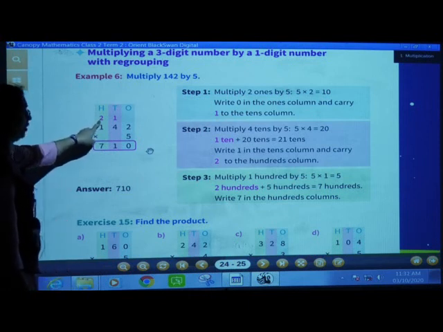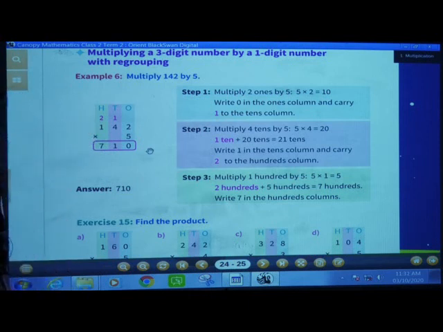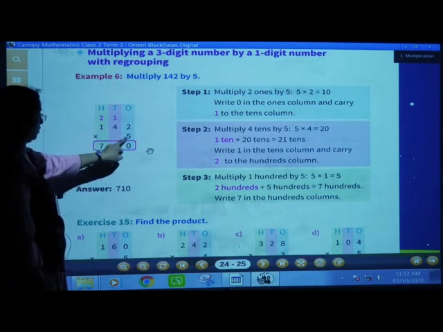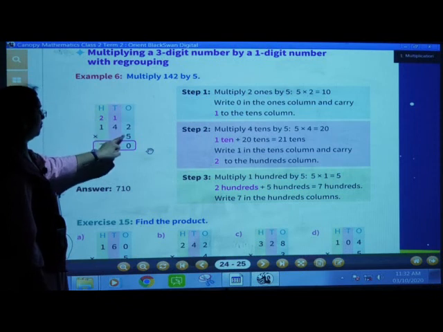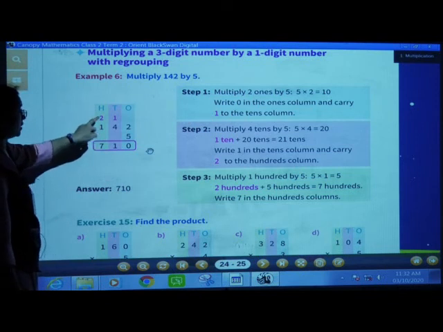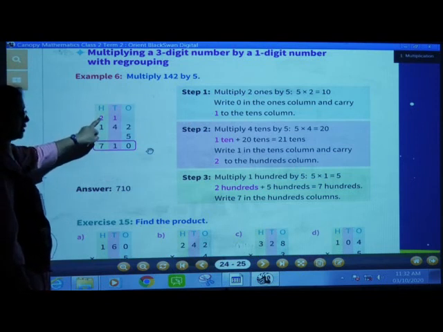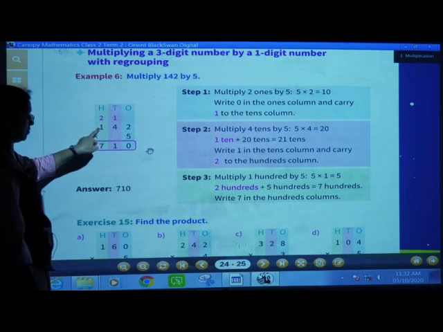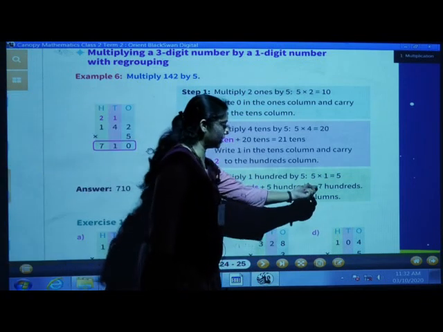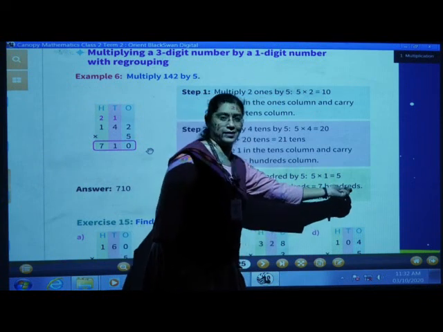Now step 3. In step 3, multiply 100 by 5. This 100 by 5 means 5 ones are 5. We have to add these 2 hundreds to these 500s. Means 200 plus 500 is equal to 700.